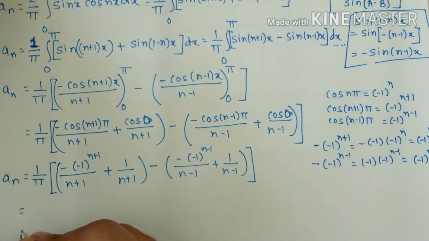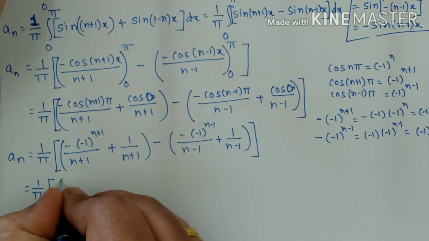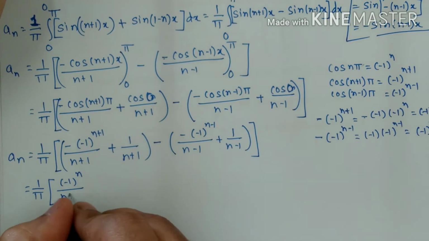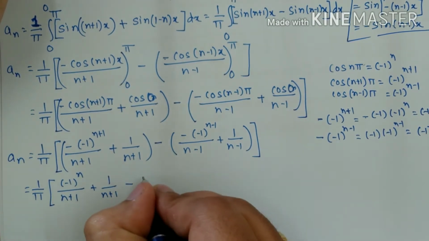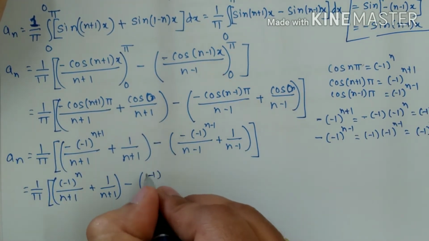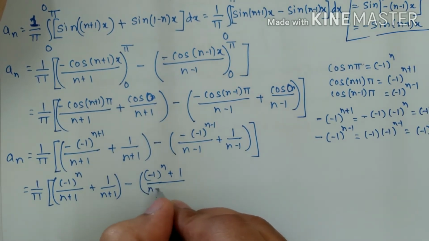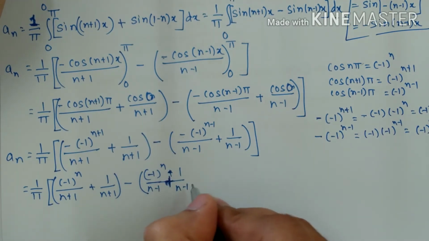Therefore we get an is equal to 1 upon pi into bracket minus 1 raised to n upon n plus 1 plus 1 upon n plus 1, minus into bracket minus 1 raised to n plus 1 divided by n minus 1, and here it is plus 1 upon n minus 1.